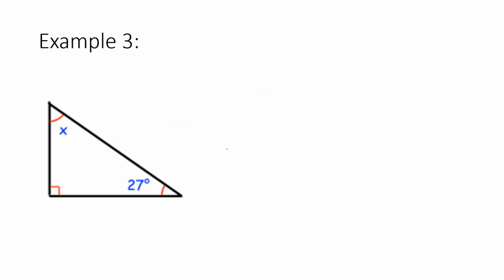Another example. So here, we're not told the value, but we should remember that when we have that little square in the corner of a triangle, it's a right angle, which equals 90 degrees. Okay, so again, I know that one angle is 90 degrees, another angle is 27 degrees, so I'm going to do 90 plus 27, which gives me a value of 117 degrees.